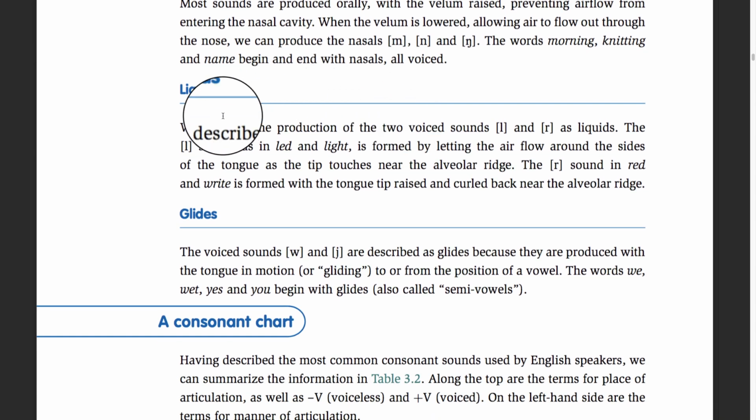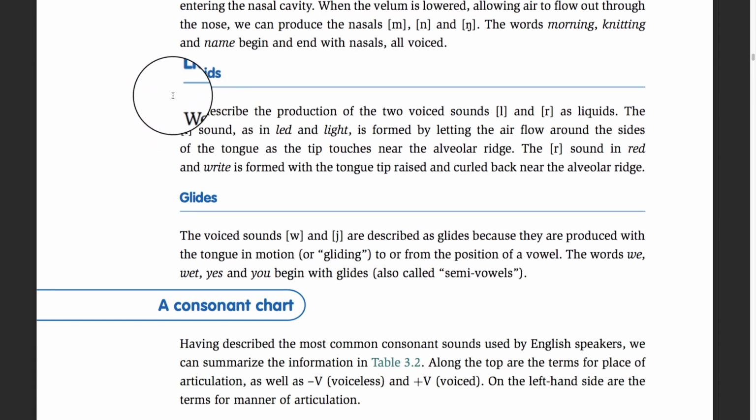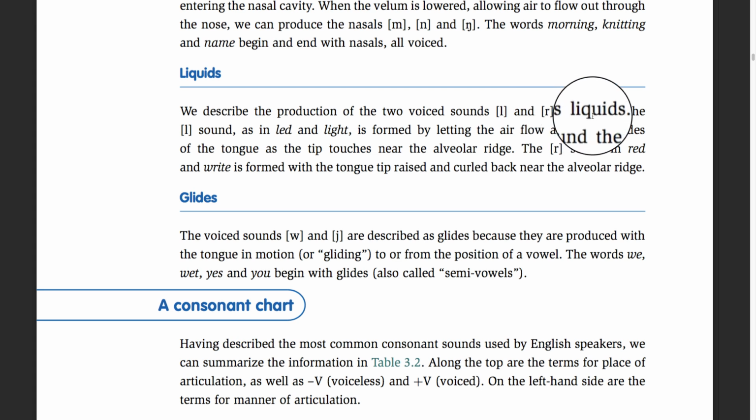Liquids. عندنا الصوتين حقيقة احنا نعتبرهم liquids. ليش؟ لأنه أكو نوع من الانزلاق باللفظ. فممكن هذا السبب اللي يسمونه liquids، لأن هاي التسمية تقنية. شلون تعرفهم؟ We describe the pronunciation and the production of two voiced sounds, l and r, as liquids.